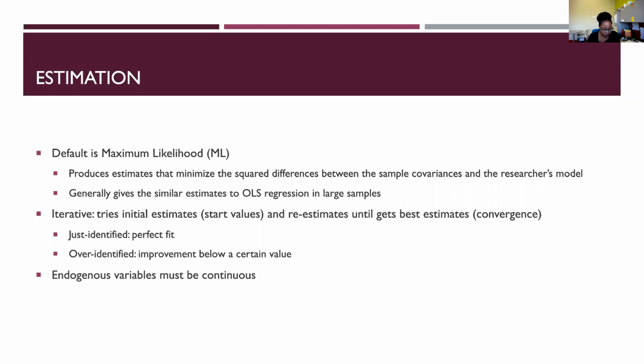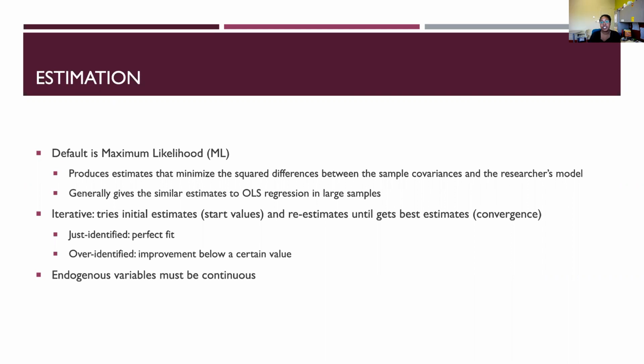Let's see. Because what's going to happen when you're estimating these models is the program is going to just generate some numbers for the covariance matrix. It's going to compare that to the data and say, oh, that's not good, and then it's going to re-estimate over and over and over again until it gets those differences as close as possible.